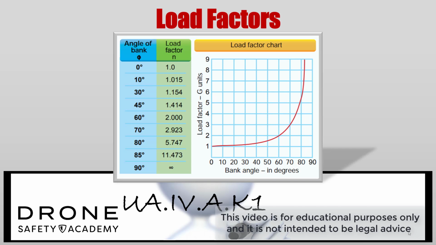If we follow that line up, it will hit the curve. Once it hits the curve, you move left. In this case, a 60-degree bank will produce a load factor of 2. We will also see the same on the left-hand side of the chart. Find 60 degrees, move to the right, and the load factor is 2.000. Pretty easy.